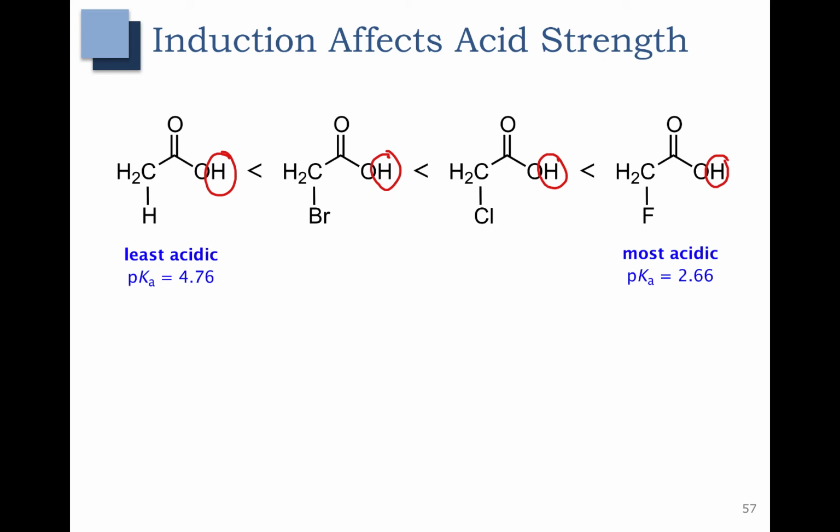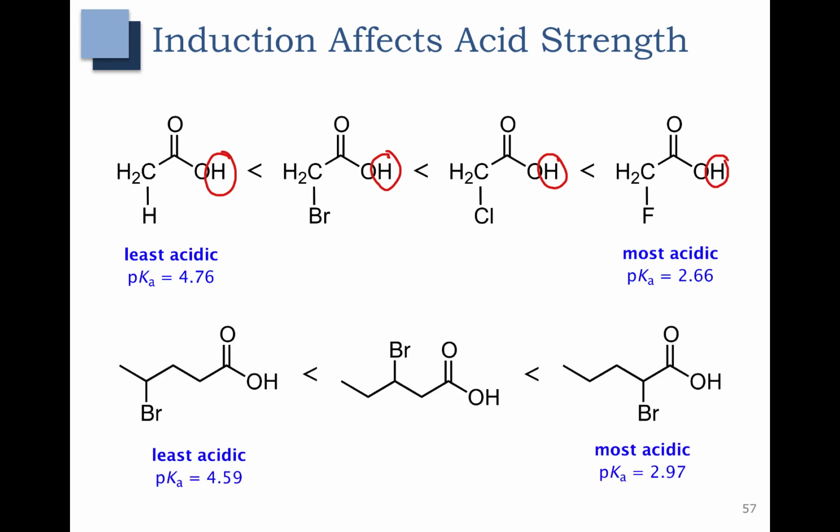Let's draw out the conjugate base, and that might help to understand what's going on. So in this case, you have an electronegative fluorine atom, and it really wants to pull away that negative charge and help stabilize it. And this effect is more pronounced when you have a more electronegative atom.